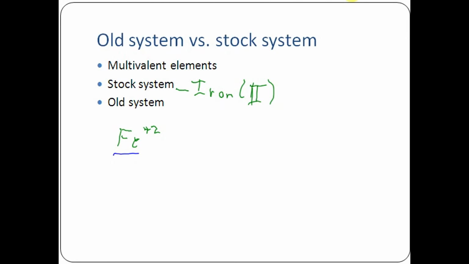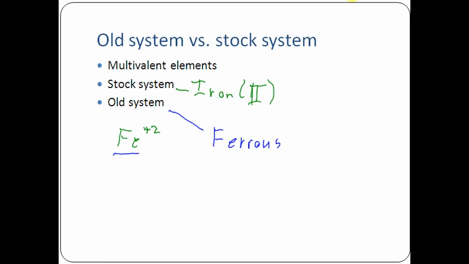Fe, that symbol for iron, doesn't look anything like iron, doesn't have any F's or E's in it. The reason why is because it uses the Latin term, and the Latin word is ferrum, or fer is the root here. And so if we had iron 2 like this, it would be ferrous.